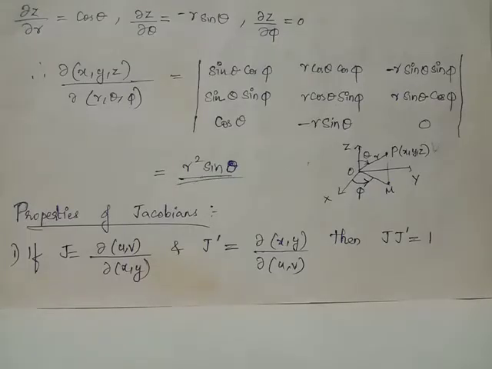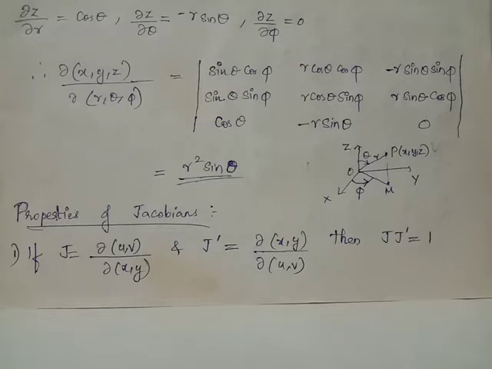Suppose that P is a point lying in xyz space, and you project it to the xy plane and obtain a point M whose distance from the origin is r, and this radial vector r is at angle phi from the x-axis, phi being measured in the anticlockwise or positive direction from the x-axis.